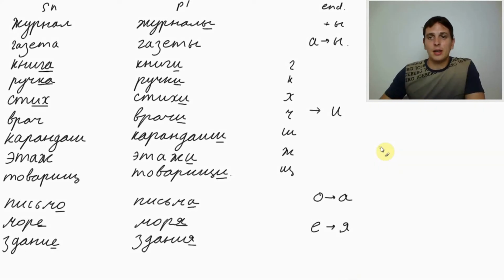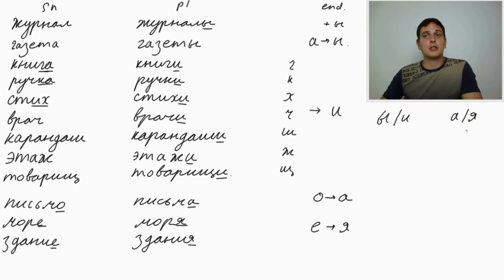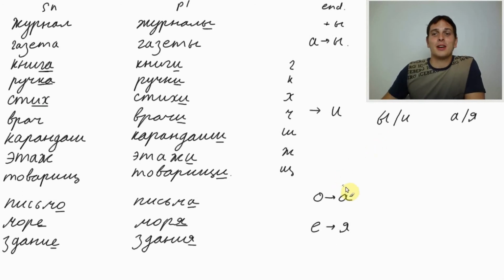First of all, the endings Ы and И will be overwhelmingly dominating all of the plurals. But the endings А and Я will come in a much smaller group of nouns. However, the words which will have these endings will be more frequent. So we've got a trade-off here. Actually, not a trade-off. We need to learn them anyway.